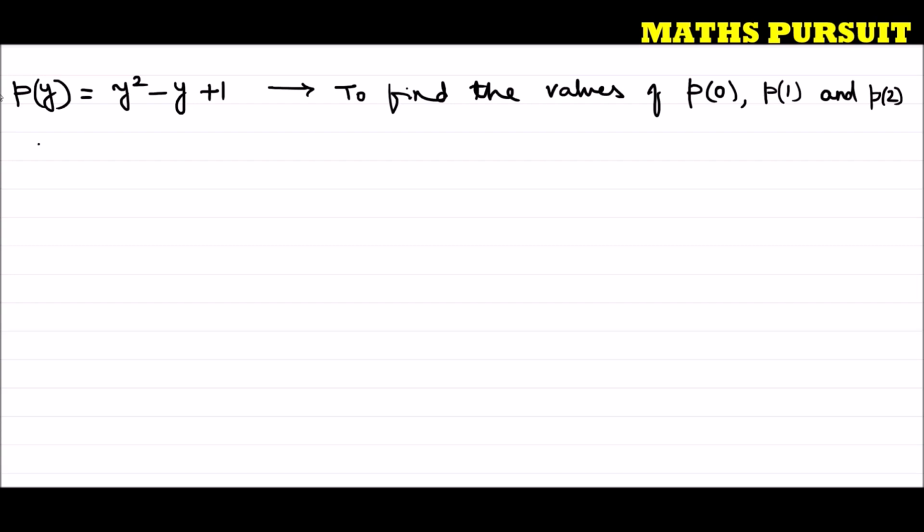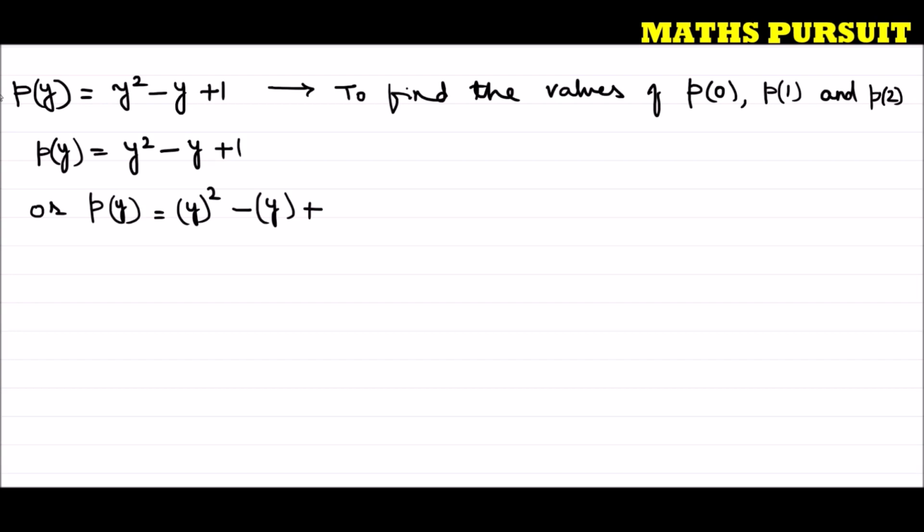Now, question has given us P(y) is equal to y to the power 2 minus y plus 1. Or I can write P(y) is equal to y to the power 2, just putting some brackets, minus y plus 1, so that it would be easy for us to solve.